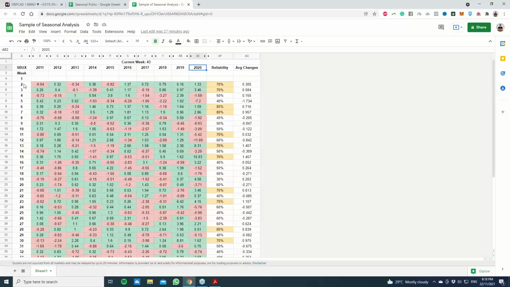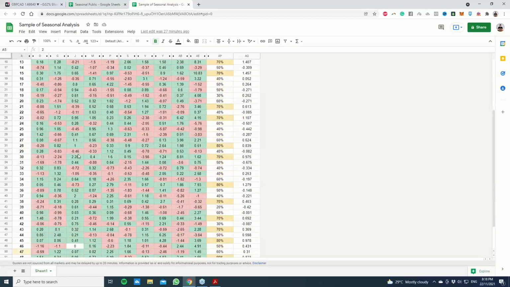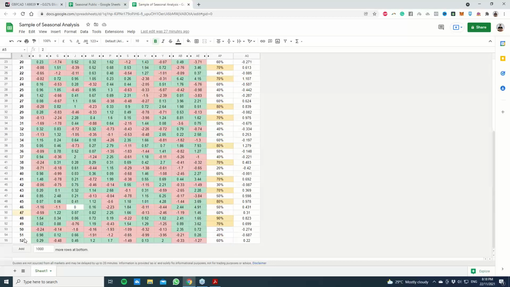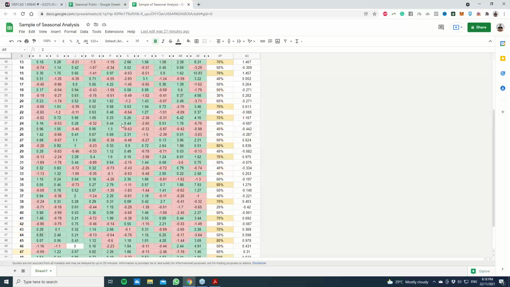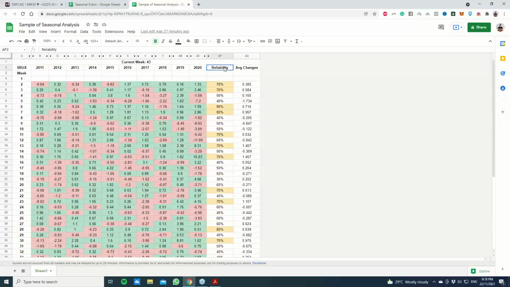You can see here, 2011 week 2 closes on the red, 2012 week 2 closes on the green, 2013 week 2 closes on the red, and so on. One year has 52 weeks, so I just extrapolate and pull out all the data that's relevant. The first level of study is reliability, which means I want to look at whether, for the past 10 years, there is a certain pattern.